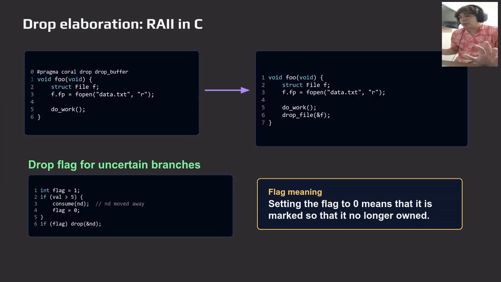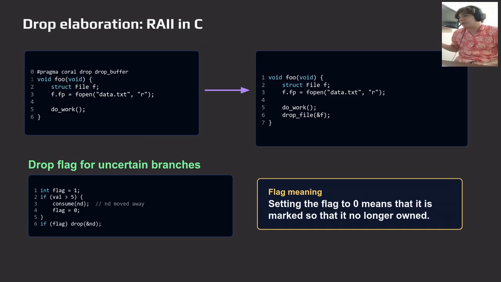Now for more about the drops, this is an example of how, with the annotated code, the analyzer can transform the source code by adding the drop file. In real code, it would actually be fclose after this goes out of scope, but it's really cool because it's essentially achieving RAII.